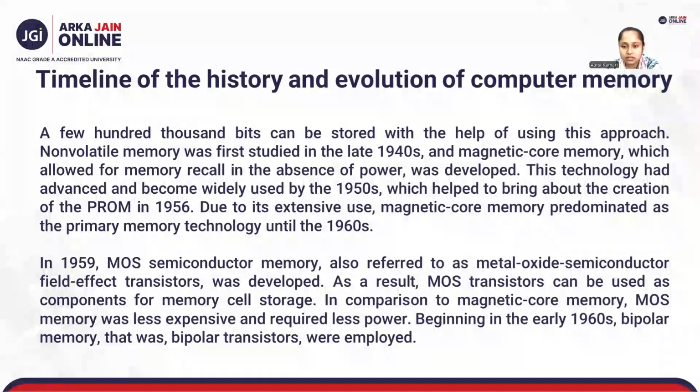Beginning in the early 1960s, bipolar memory, that is bipolar transistors, was employed. Bob Norman was the first person to suggest the idea of using solid state memory on an integrated circuit, in 1961.